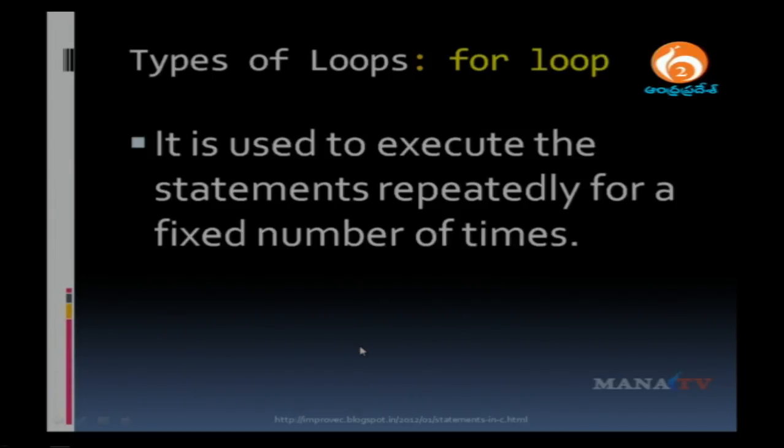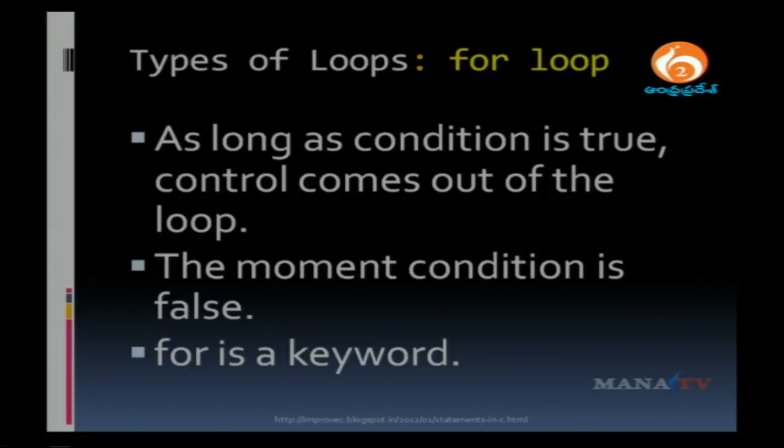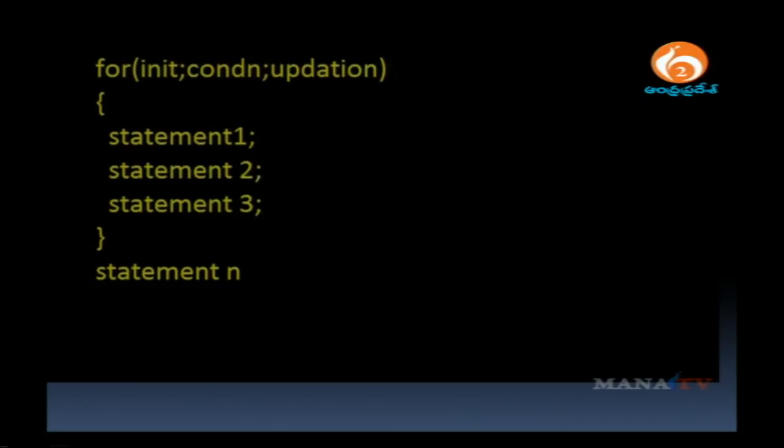So now we will see the PPT of this one. As long as the condition is true, the loop executes. The moment the condition is false, control comes out of that loop, and here for is a keyword. Keyword means it should be in small letters only.